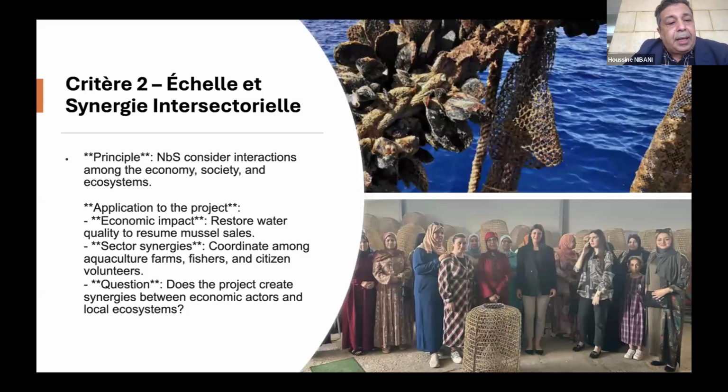This is a real case of intersectoral aspects, what we can call interoperability, because we have many interactions between economic, social, and ecological aspects. And this creates a real synergy, coordinating among the aquaculture farms that are dealing with many problems.